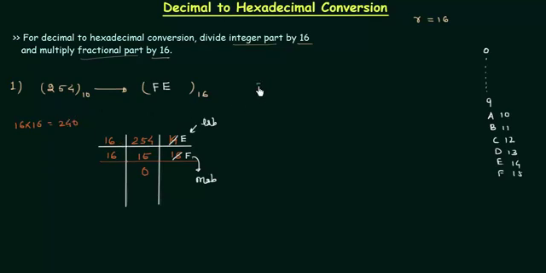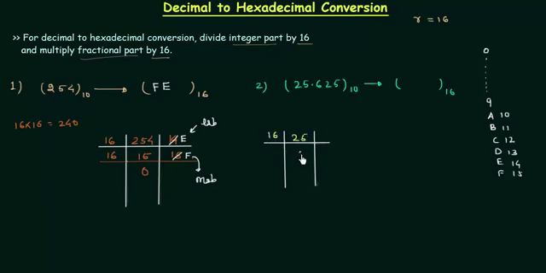Let's move to the second example. The decimal number is 25.625. This is in decimal and we want the hexadecimal equivalent of this decimal number. The integer part we have to divide by 16. 25 is the integer part, so we will divide 25 by 16.